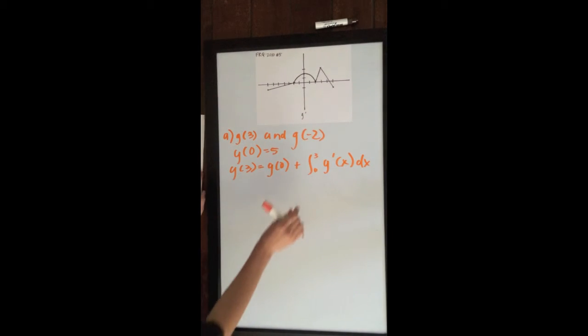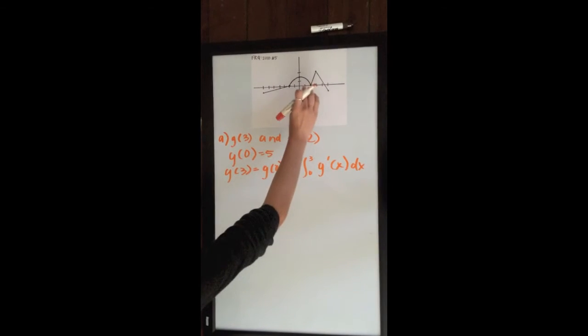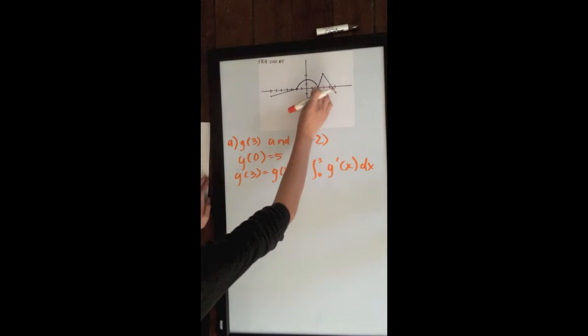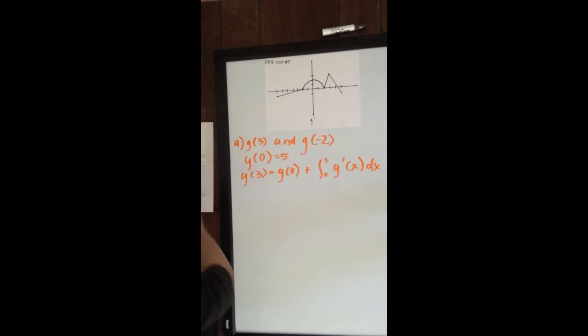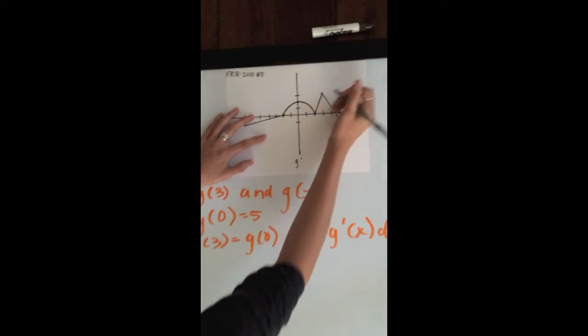And when you're finding the integral, you are basically finding the area under the curve. So you would look on this graph from 0 to 3, you're going to find the area of this section and this section.